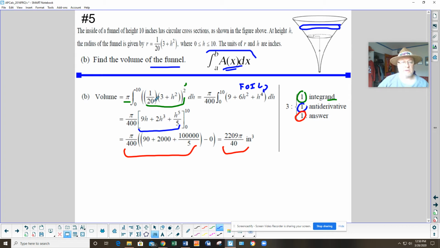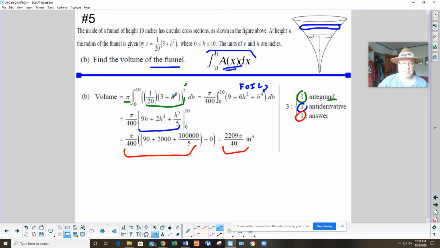this is a little trickier, so let's look at how this is done. So I personally would put the square into both of these parentheses. So if you square 1/20th, you get 1/400th, and then pulling that in front, you get pi over 400 or 1/400th times pi. Then you have this, and that's a FOIL problem.